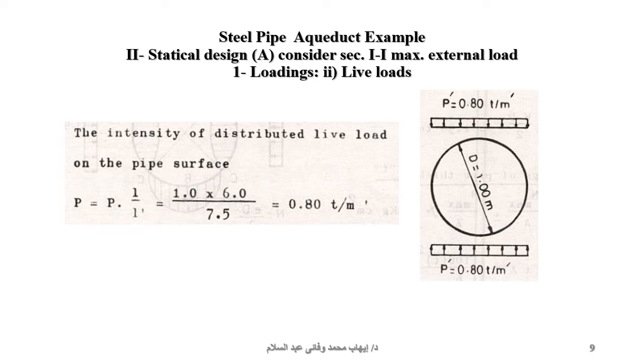The intensity of the distributed live load in this case, the last we talk about dead load, here about live load. The intensity of the distributed live load on the pipe, we can assume P equal P multiply L over L dash. It's approximately 0.8 ton per meter run.